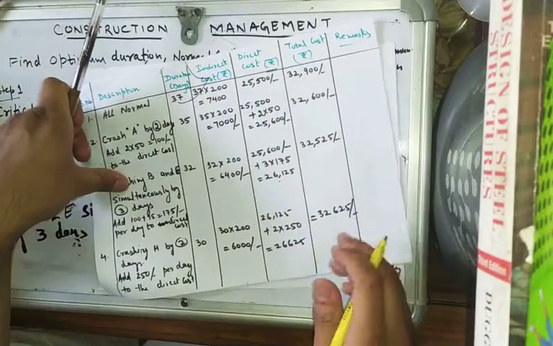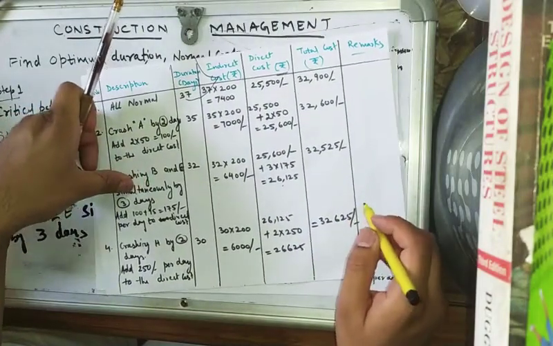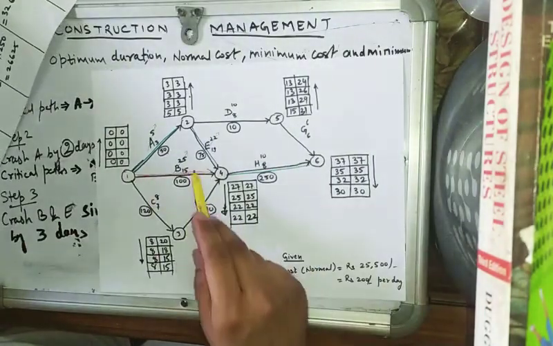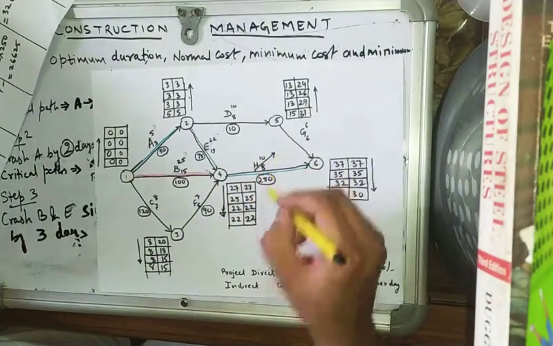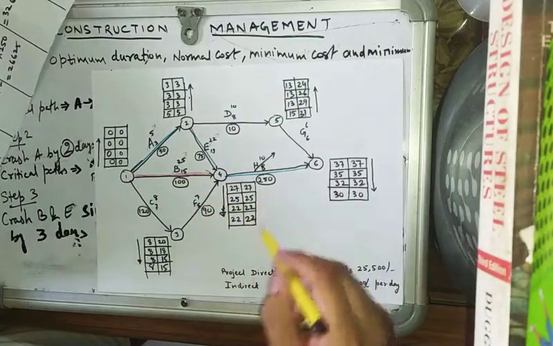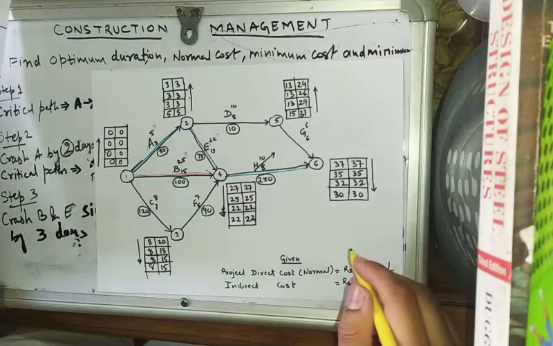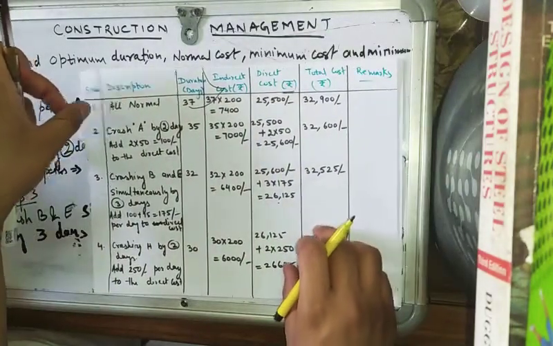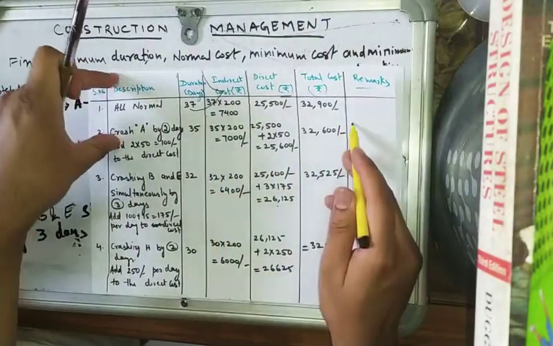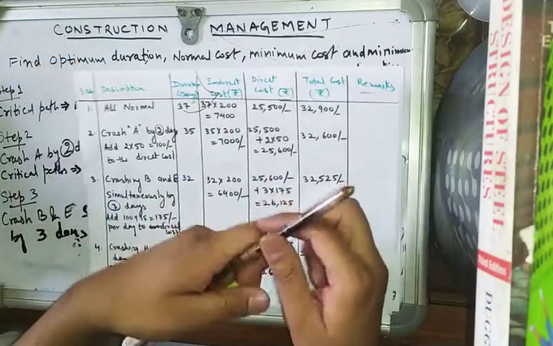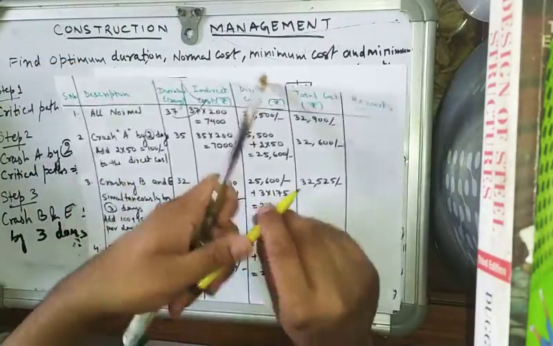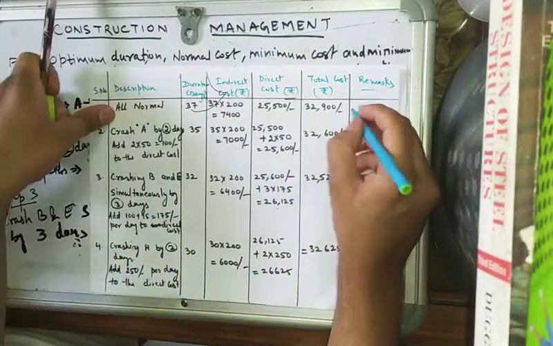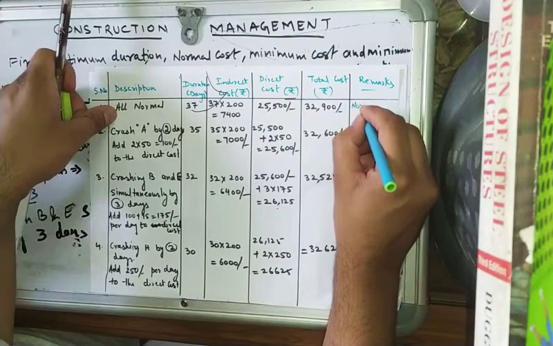So here we see that in this network all the critical activities have been crashed. So we cannot reduce the duration any further. Now this was the normal duration and normal cost.